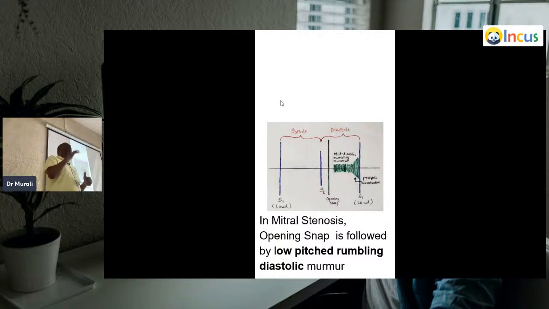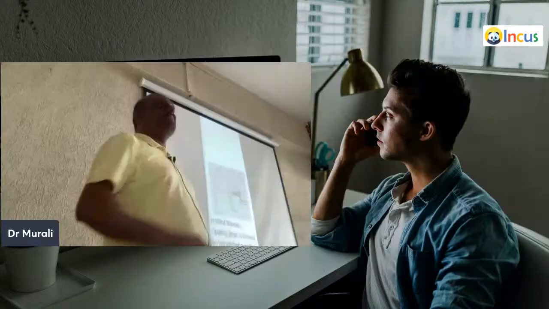Diastolic, and that too a mid-diastolic murmur. Is it high pitched or low pitched? It is low pitched, high amplitude, so you have to use the bell. To listen to the opening snap, you use the diaphragm, but to listen to the mid-diastolic rumble, you listen through the bell.